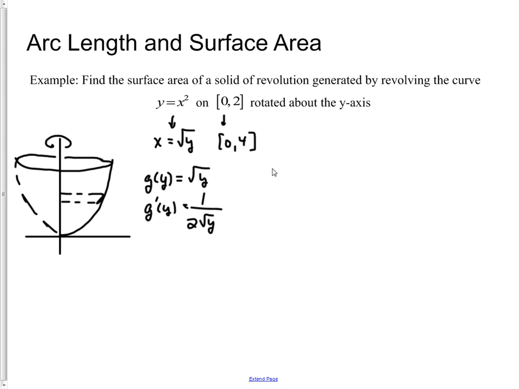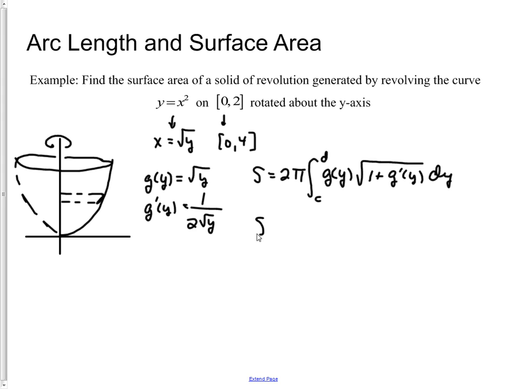So if we apply our surface area formula right here, which in terms of y looks like this, 2 pi times the integral from c to d of g of y times the square root of 1 plus g prime of y squared dy, we can now make our substitutions.